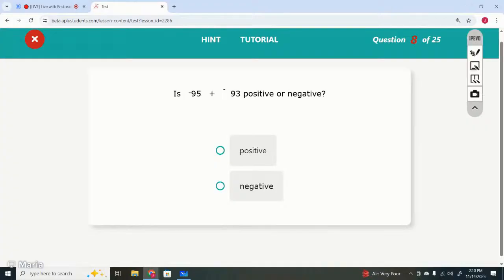Is negative 99 plus negative 93 positive or negative? Negative it is. Both the numbers are negative. Answer must be negative.